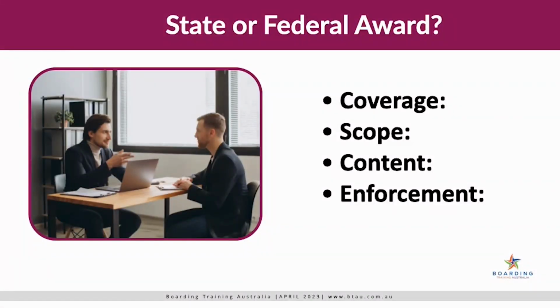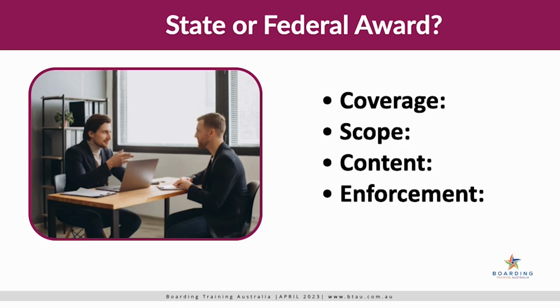The coverage, state awards generally cover employees working in a particular state or territory, while national awards cover employees working across multiple states. Scope, state awards generally cover a narrower range of industries and occupations, while national awards can cover a broader range of industries and occupations.